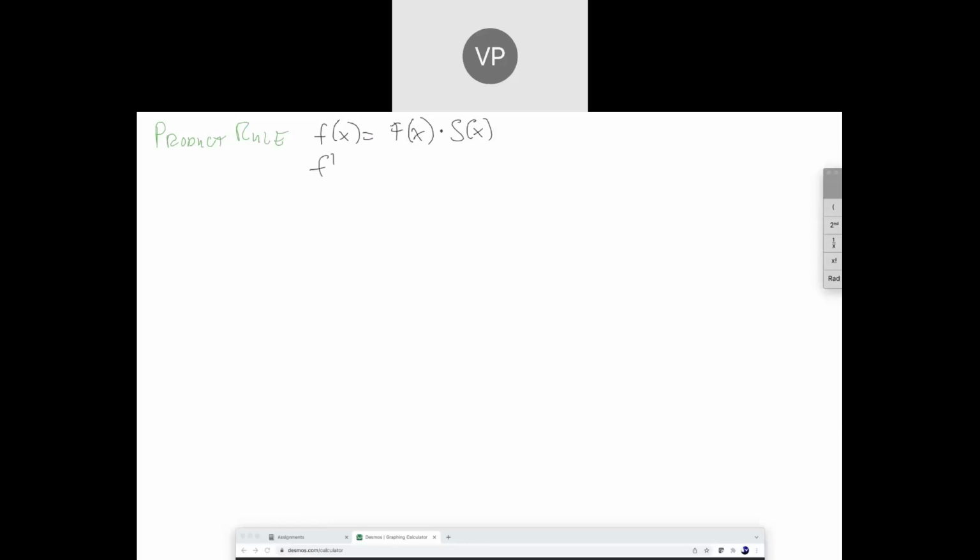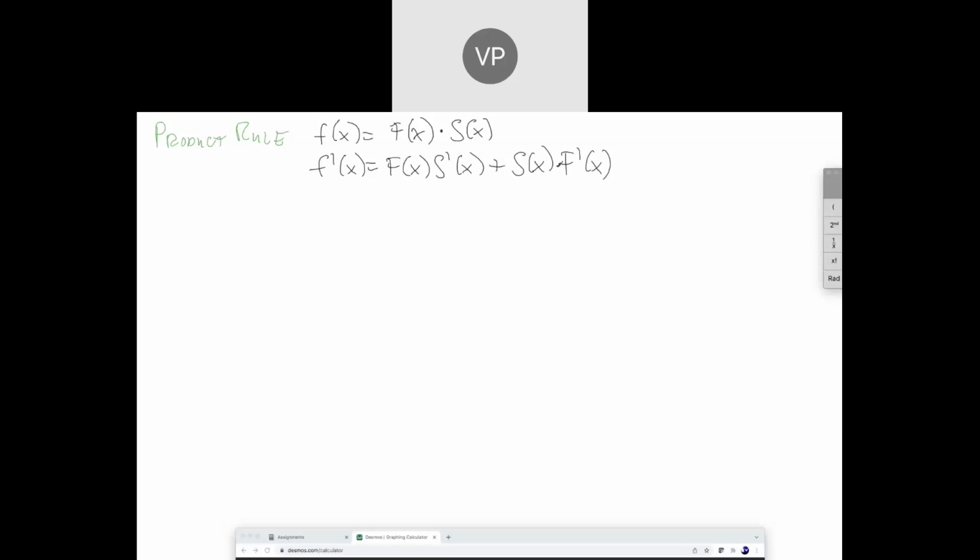The derivative of it is the first times the derivative of the second plus the second times the derivative of the first. That's your shortcut to the derivative. You'll get it in one step.